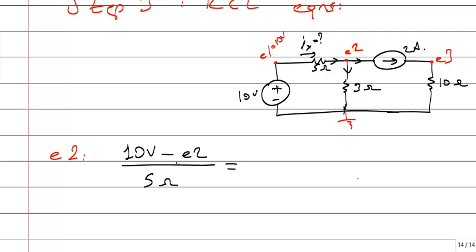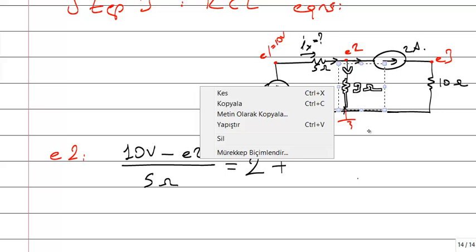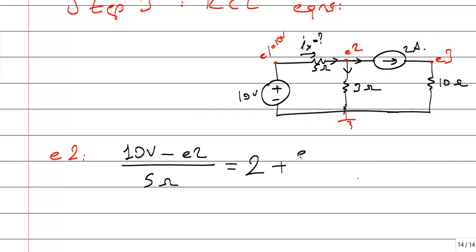Yes, this is IX actually. What's the current through the right? Look, 2 amps. Plus, what is this current? E2 minus 0, so no need to write, divided by 3. This is the first equation.